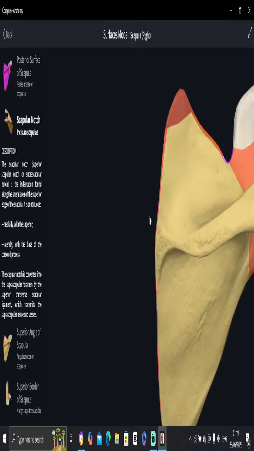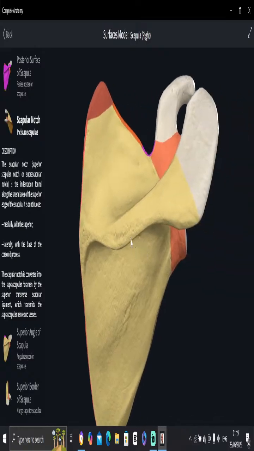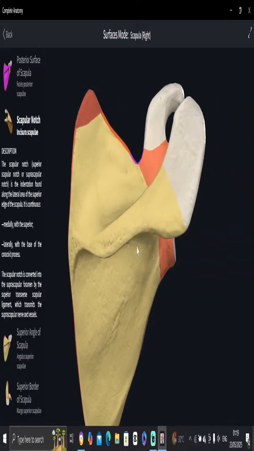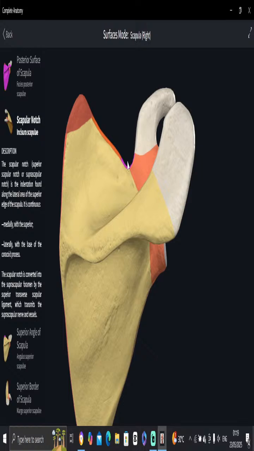The good news about anatomy is the names most of the times often corresponds to the structure. So this is the scapular notch, a ligament, the superior transverse, because it travels transversely. The superior transverse scapular ligament bridges this portion. So once it bridges it, it converts it into an opening, into a hole or a foramina.